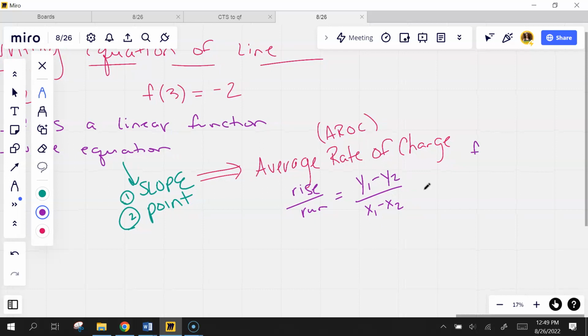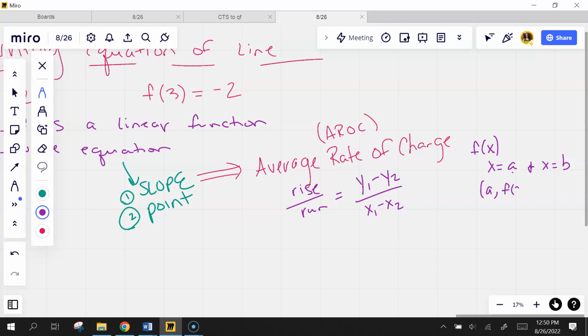Let's sophisticate it just a little bit. Let's say I have f of x, right? This is my function. If I want to find the average rate of change between x equals a and x equals b, my 2 points on this line are a, and then I plug it in to find y.